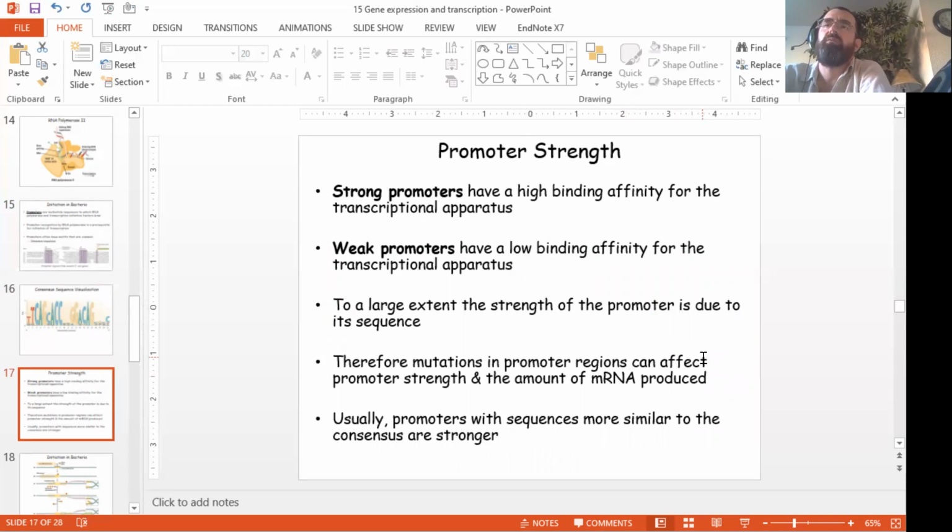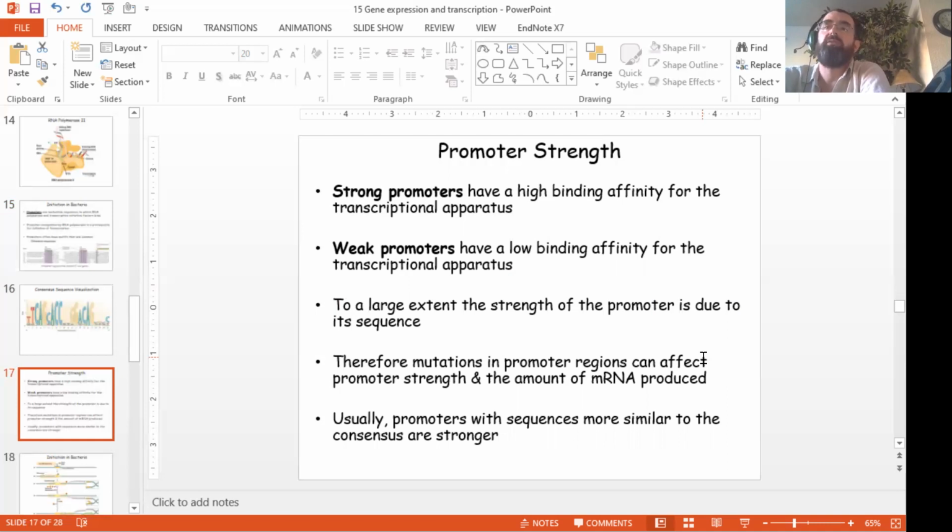And really what we mean by that is the stronger the promoter, the more likely that gene is to be expressed, or that gene is going to be expressed at a higher level than one with a weak promoter. So if you need a lot of something very quickly, then that gene is most likely going to have a strong promoter. If you only need something occasionally or at a low continuous level, then a weak promoter would work better, right?